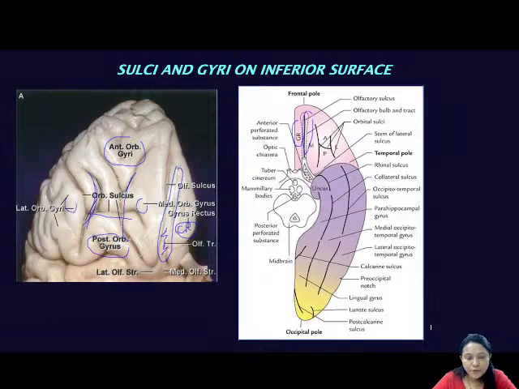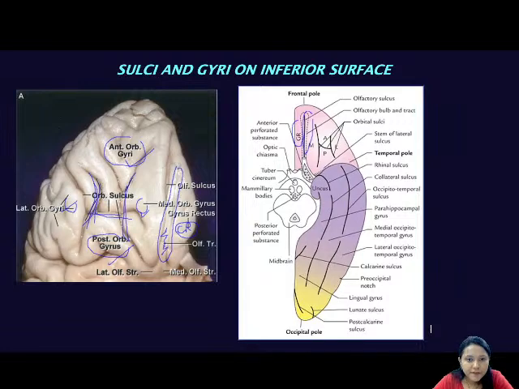Okay, so in the orbital part, first of all you have the olfactory bulb and tract, medial to it the gyri recti, and lateral to it an H-shaped sulcus, which divides the entire orbital area into the anterior, posterior, medial and lateral orbital gyri.